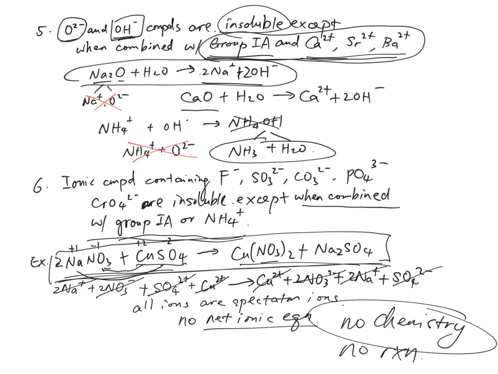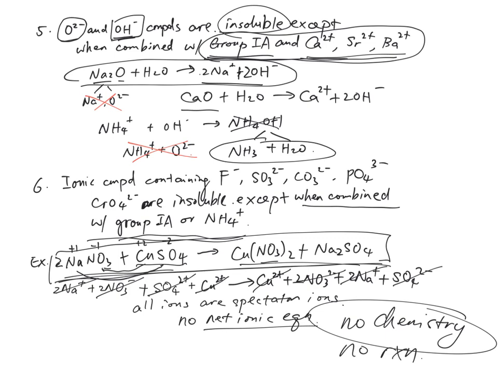Okay, so this should answer that question. Does any 2 ionic electrolytes, without common ions, without the same ions, always combine and make a chemical reaction?